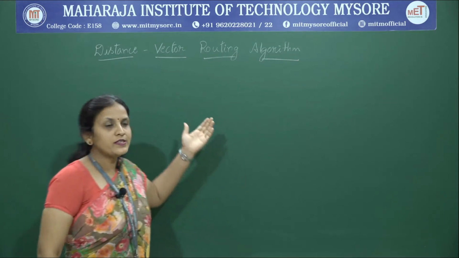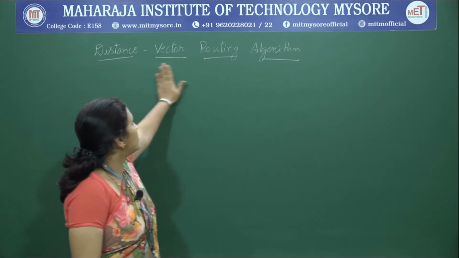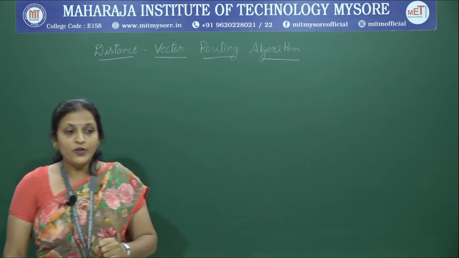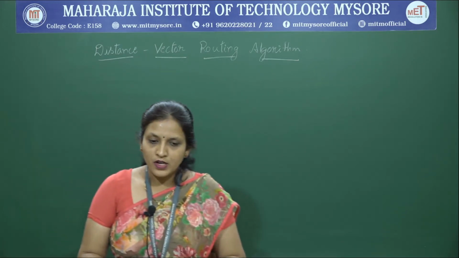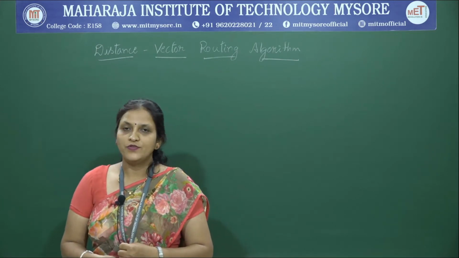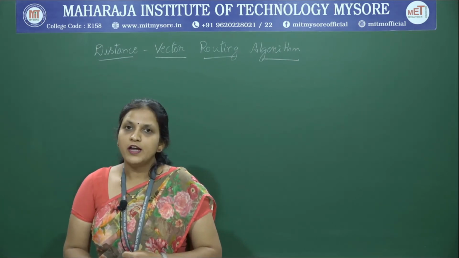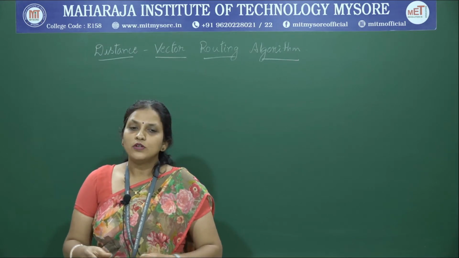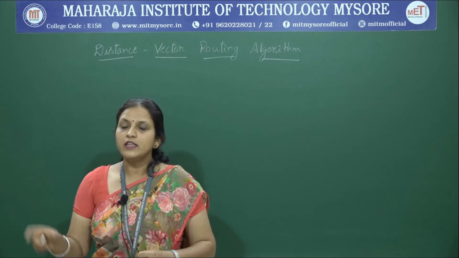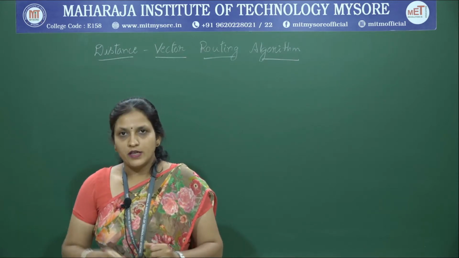So, today's topic of discussion is the distance vector routing algorithm. We have seen that there are several criteria used to classify routing algorithms. The very first criterion is the technique used to calculate the least cost path from one router to another router.